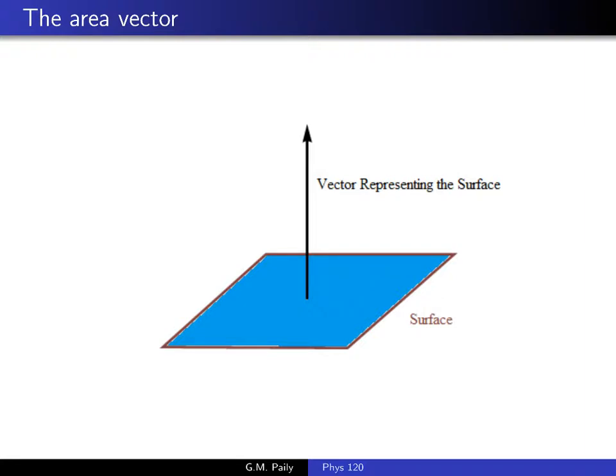For every surface with a certain area, we can associate a corresponding vector. This is called the area vector. This vector points perpendicular to the surface. So here we have a flat square, and perpendicular to that square is the area vector.